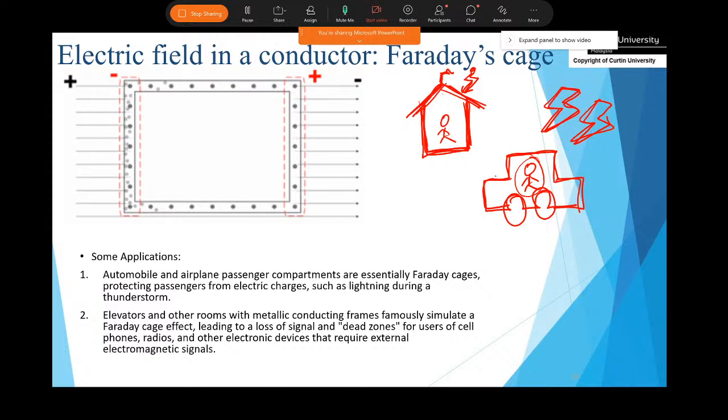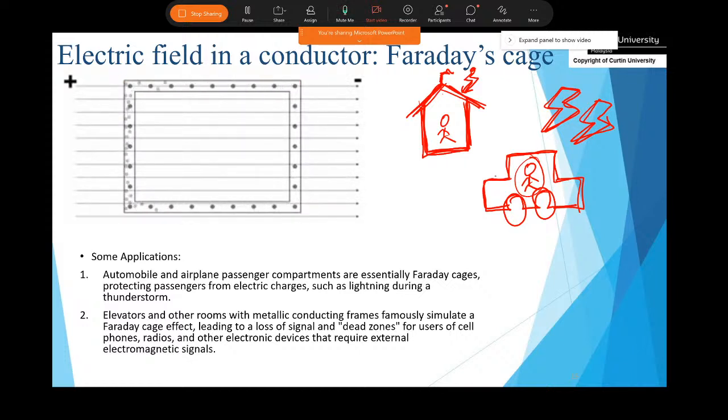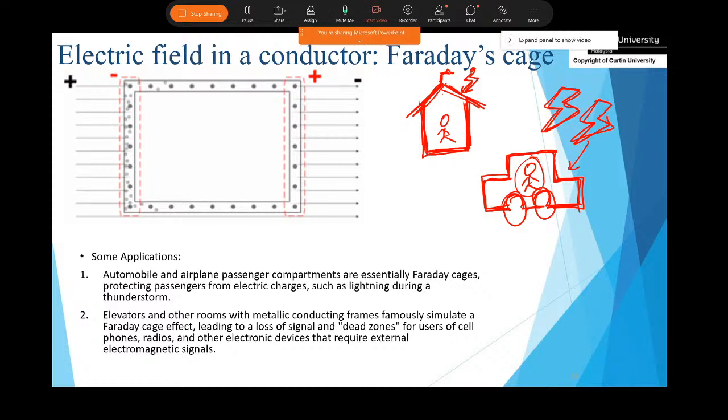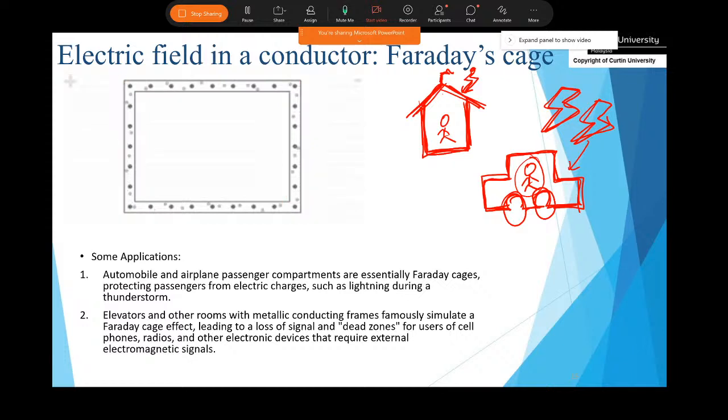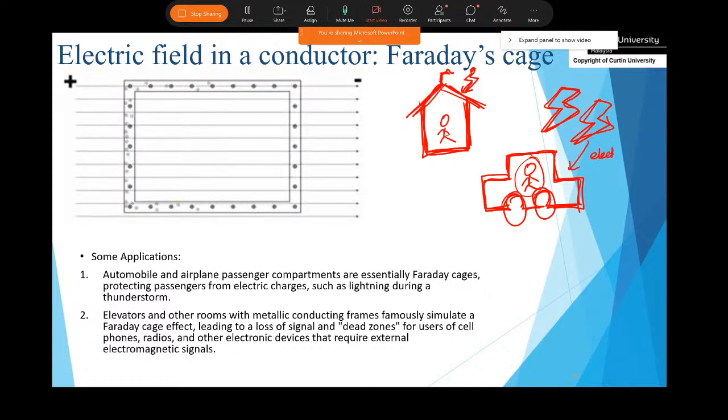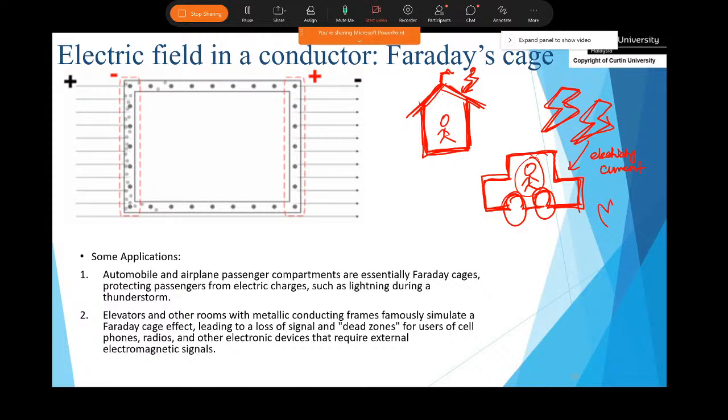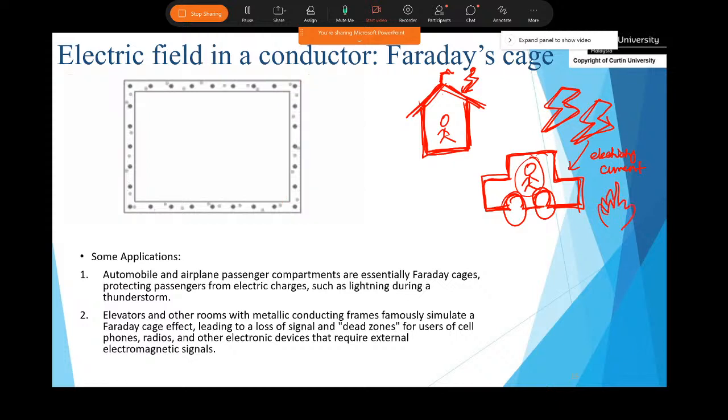However, an accident can still happen due to the very large amount of electricity, or we could say current. What happens is the car might be burned.